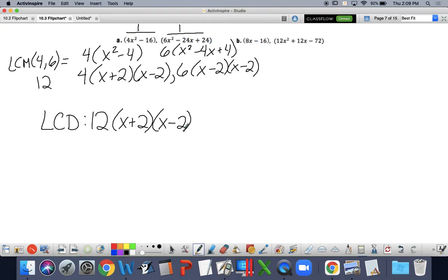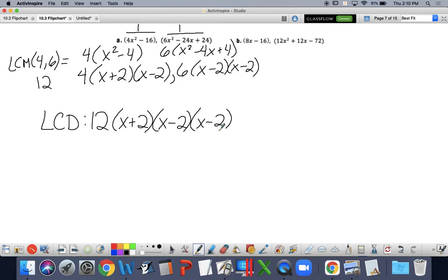So I now have this whole thing in my least common denominator, and I haven't even checked this other one. This one over here says you need an x minus 2 squared. I've got one, but I don't have 2 of them, so I need to add a second x minus 2 to my least common denominator.